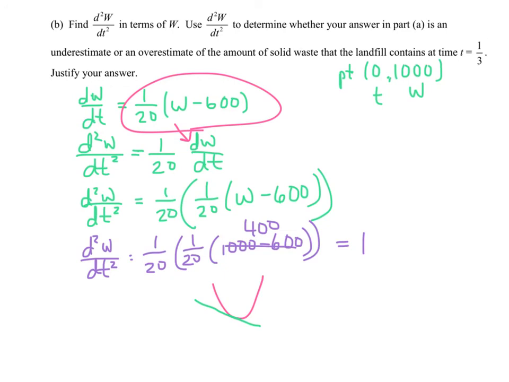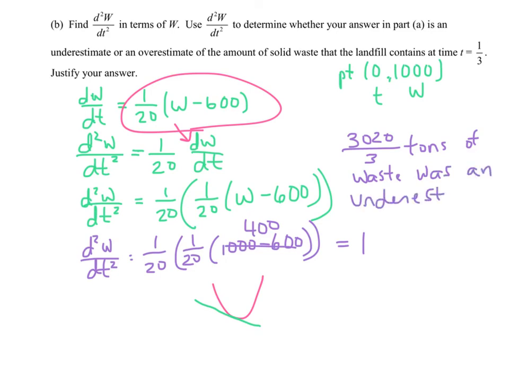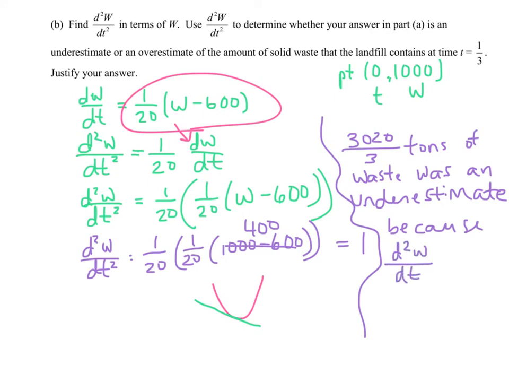So the amount of tons of waste that we found, which was 3,020 thirds tons of waste, was an underestimate, and that's because our second derivative is greater than 0.